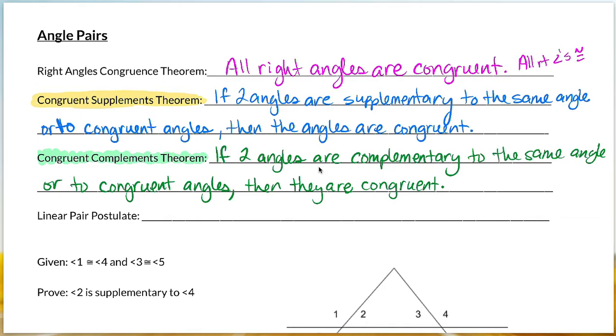The linear pair postulate states that if two angles form a linear pair, then they are supplementary.